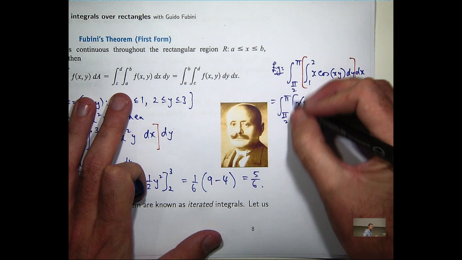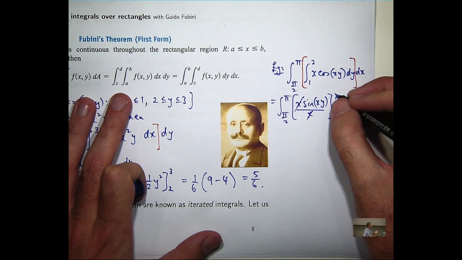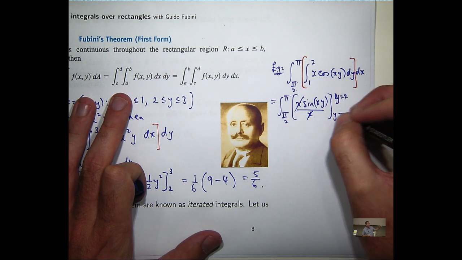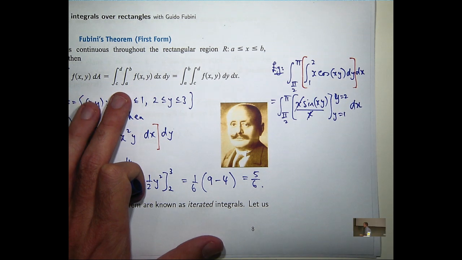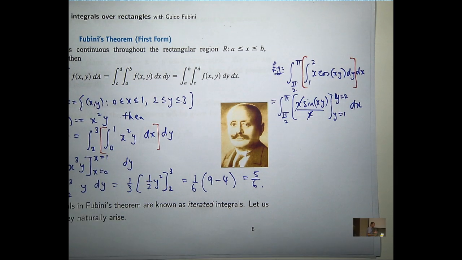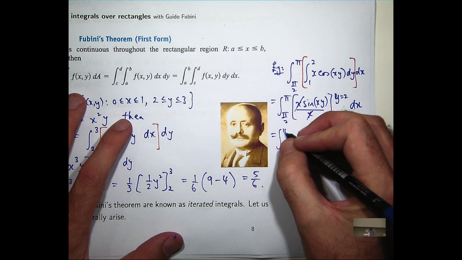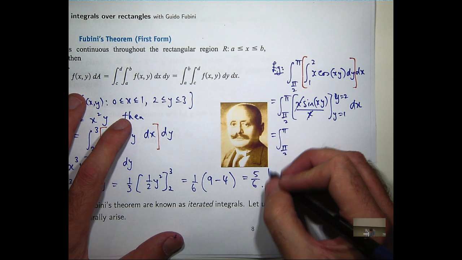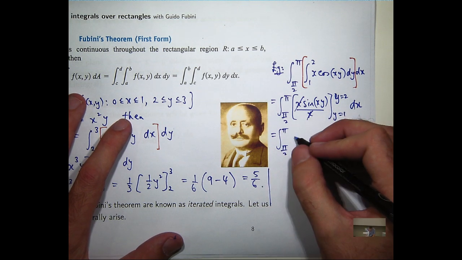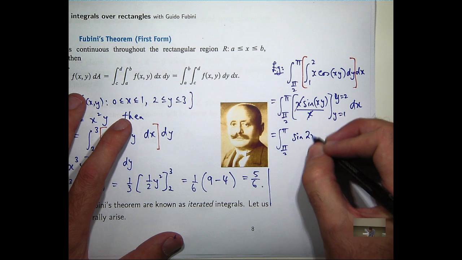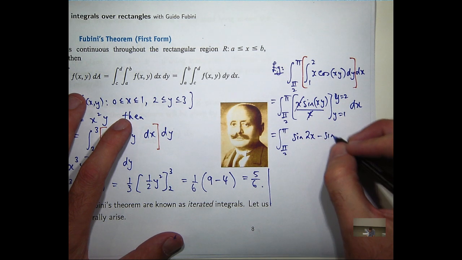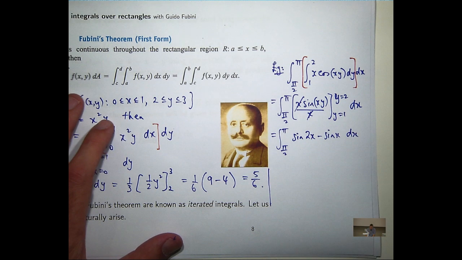Y equals 2. Okay, so now all I need to do is plug in my y values. And I'm going to get something like sine 2x minus sine x dx.